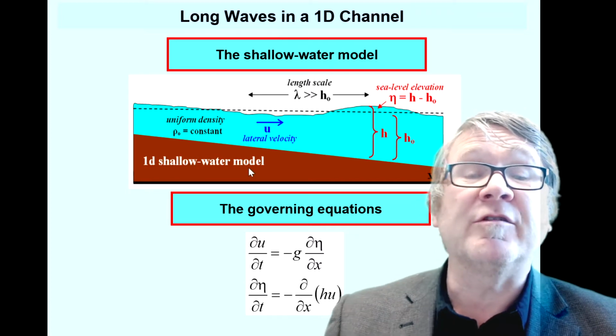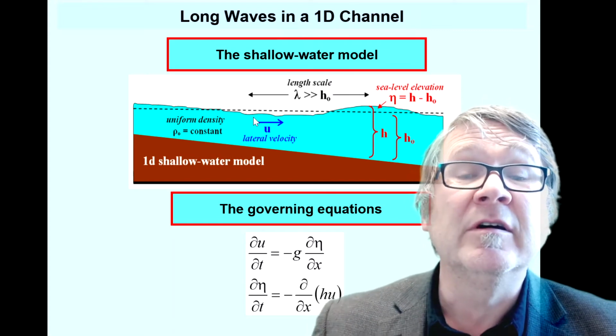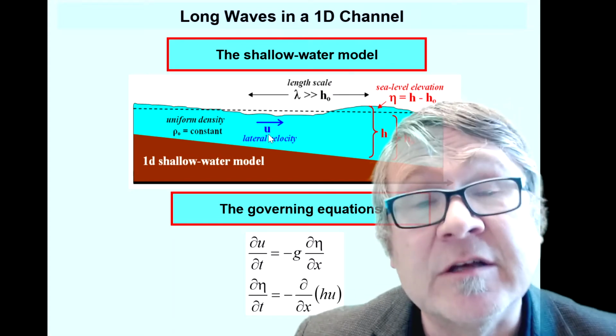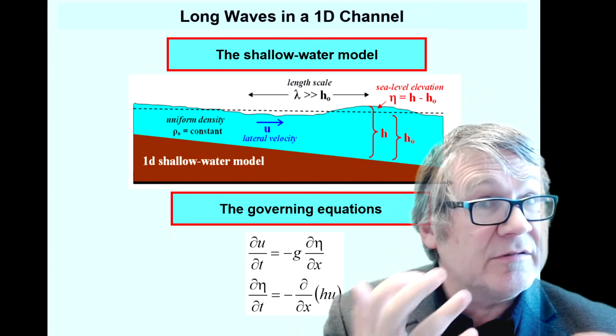We have the horizontal velocity, which is the same throughout the water column, called u. And we call it a velocity because it can be positive or negative, which is different to a speed.